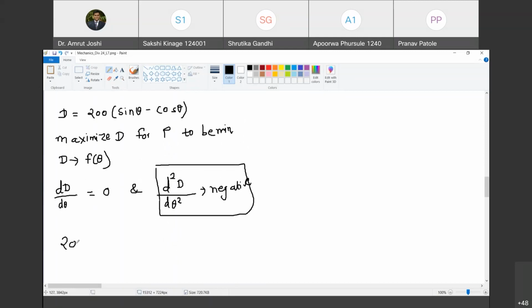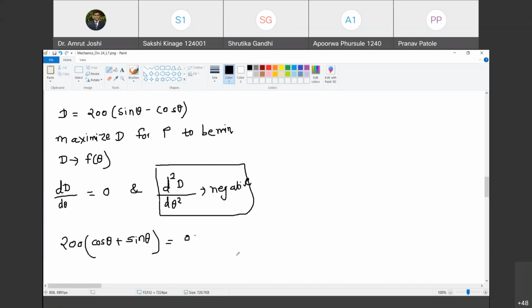So 200 as it is. Derivative of sin theta is cos theta, and derivative of minus cos theta is plus sin theta. Do you agree with me? This must be equal to 0.